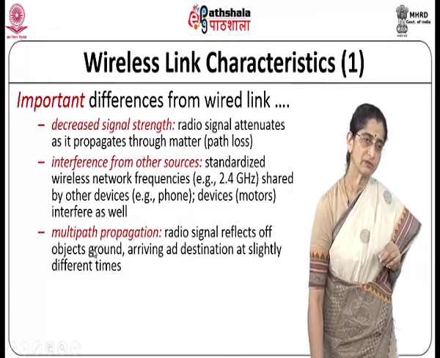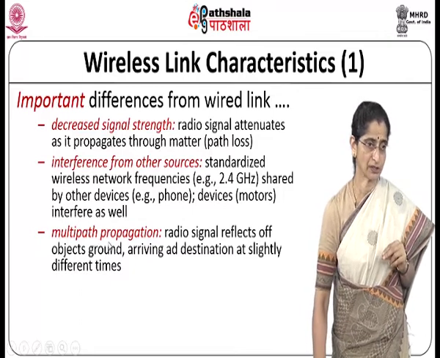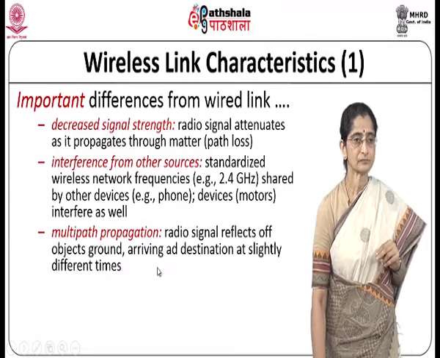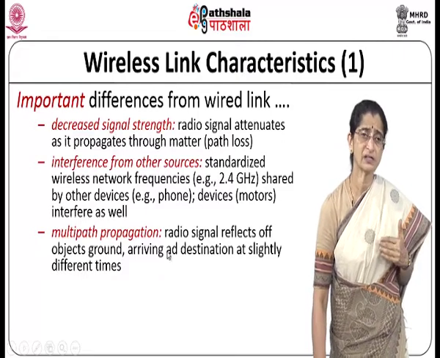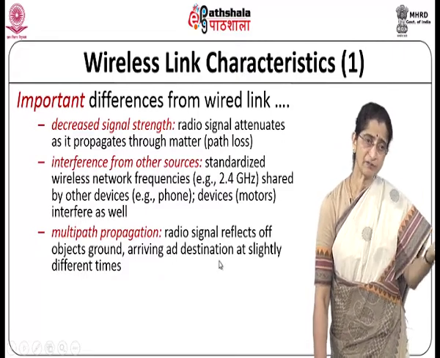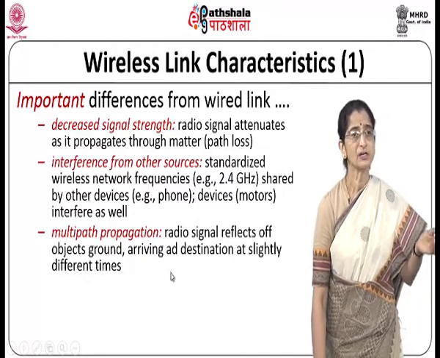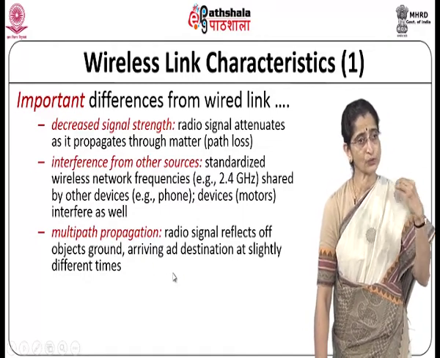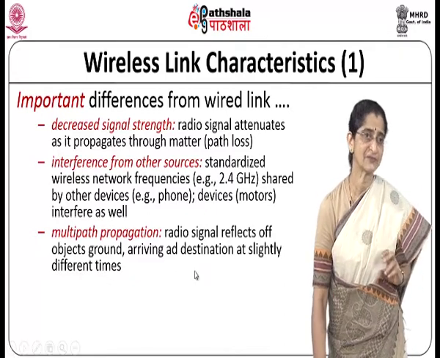Another problem that we face when we talk about wireless transmission is the multipath propagation issue. When radio signals are transmitted, they can reflect off various surfaces, off objects on the ground. So these reflected signals appear at the destination at slightly different times.